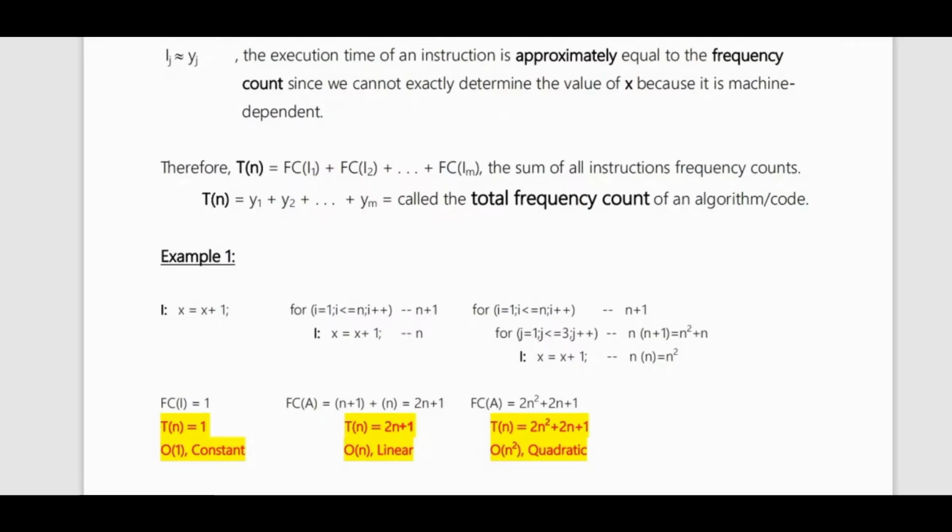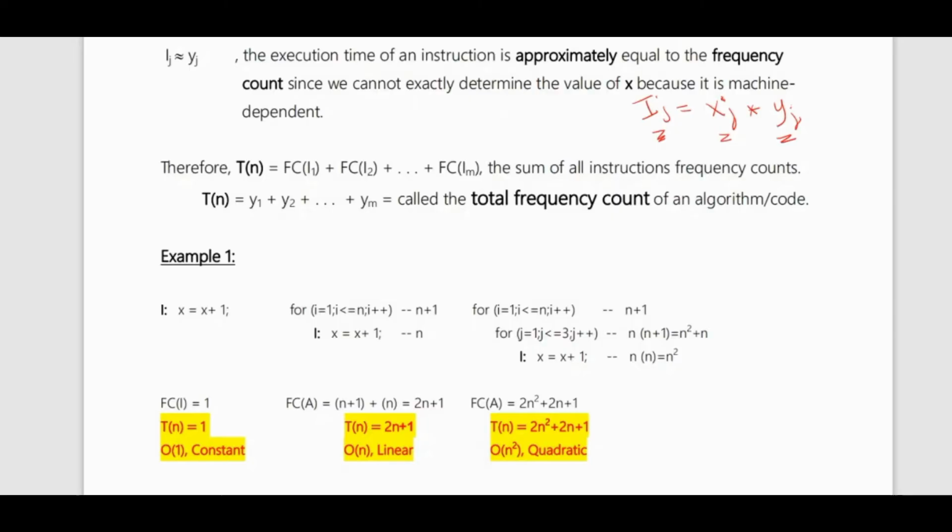From our previous discussion, we found that the running time of one instruction Ij is simply the product of xj, the amount of time it takes to execute this instruction, times the number of times or frequency it is repeatedly executed, which is yj.